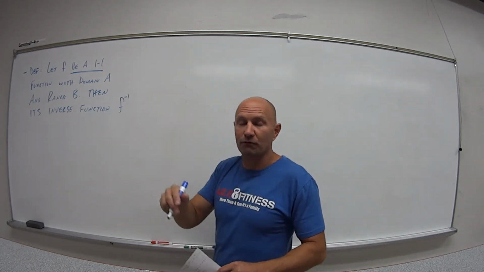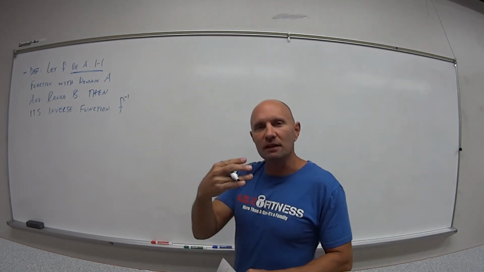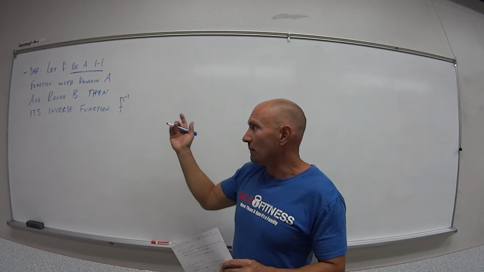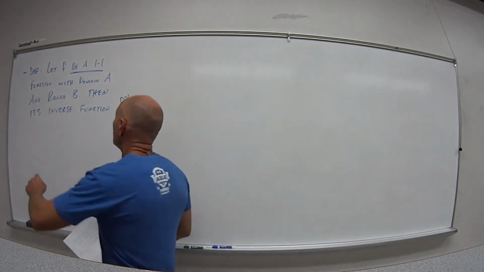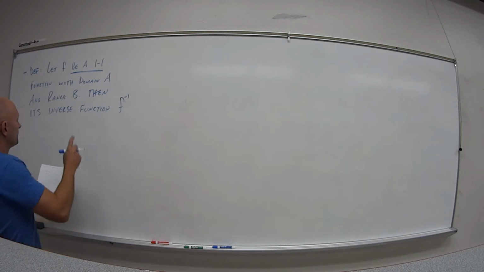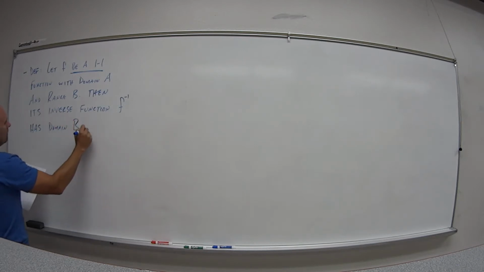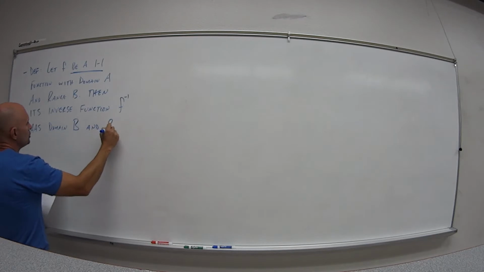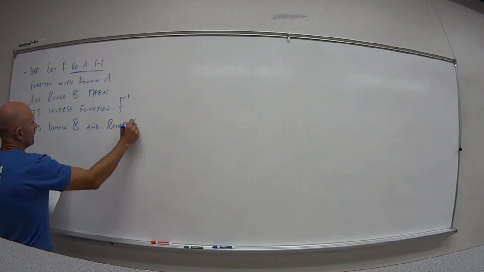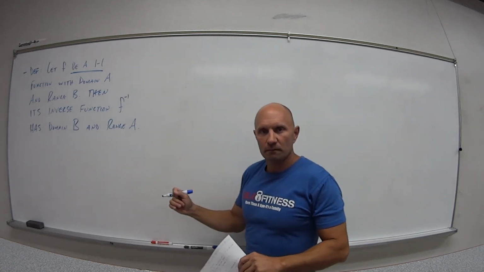So when you see f or g to the minus 1 or h to the minus 1, that means it's the inverse function of that base function. So we have f, a one-to-one function with domain A, range B. Then its inverse function has domain B and range A. Super important part right there.